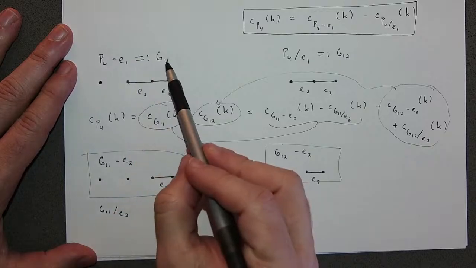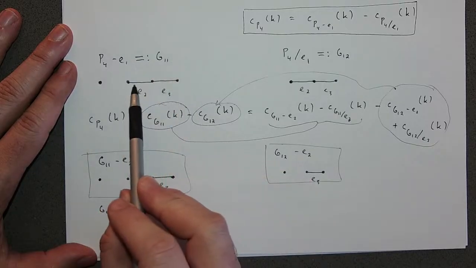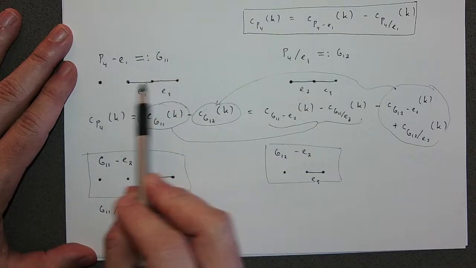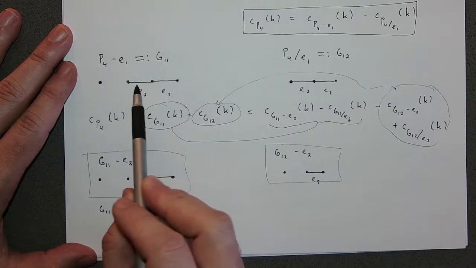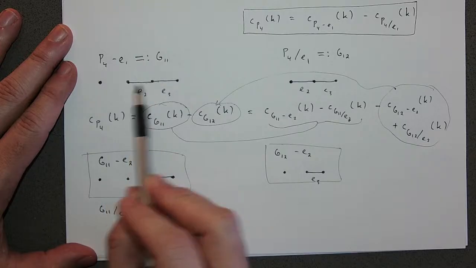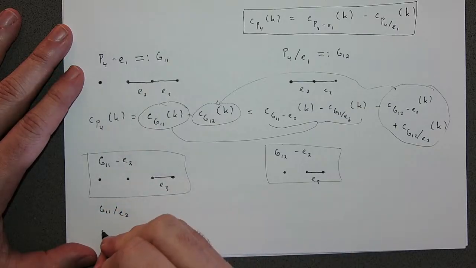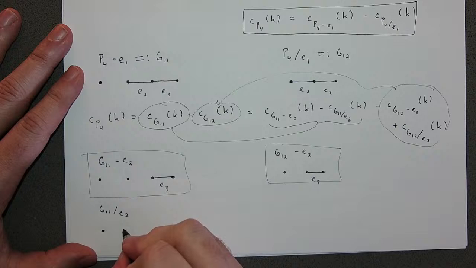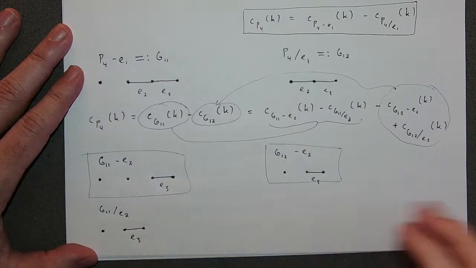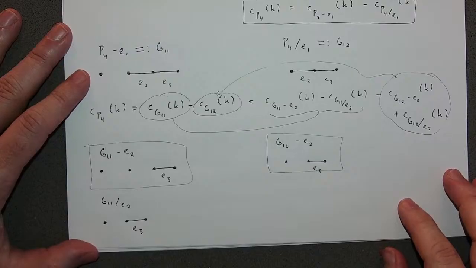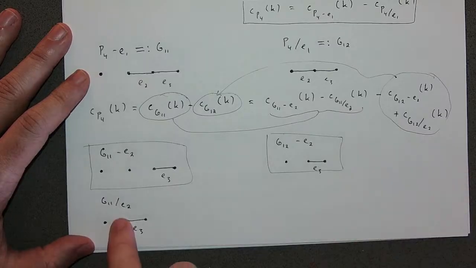I take G sub 1 1, delete E2, identify the end vertices and remove any multi-edges, leaving a single edge if needed. Here, that's just collapsing this. So this actually looks like this. Interesting, right?